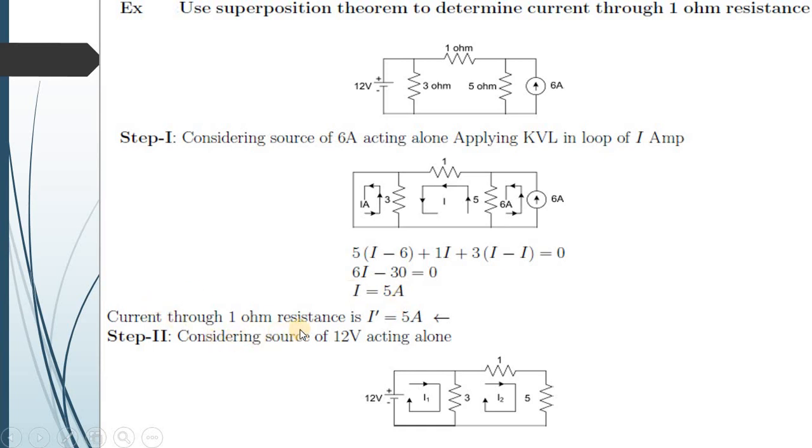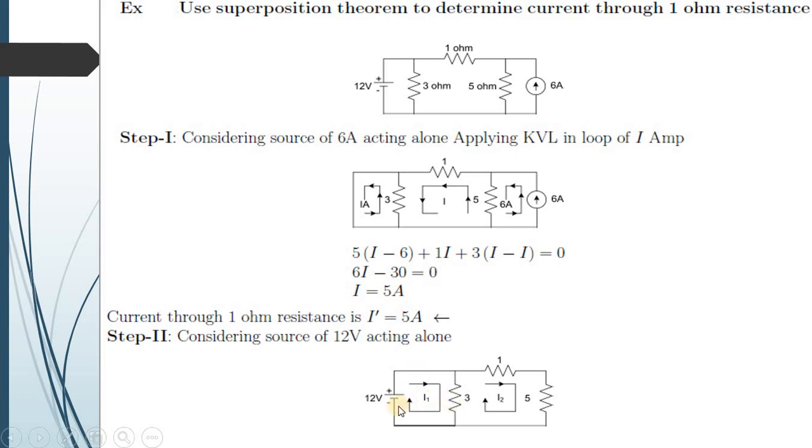So the current through the 1 ohm resistance due to the 6 ampere source acting alone is I dash equal to 5 ampere. Now consider the source of 12 volt acting alone, and as the current source has to be opened, the only circuit is this and this, that is having 2 loops. So we have to apply KVL to those loops.